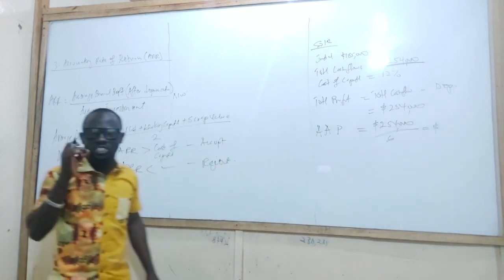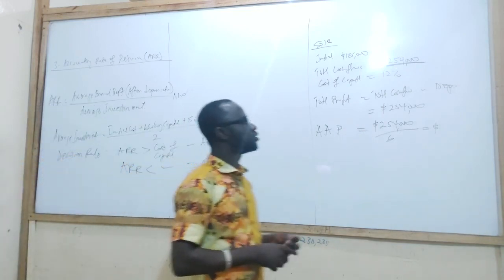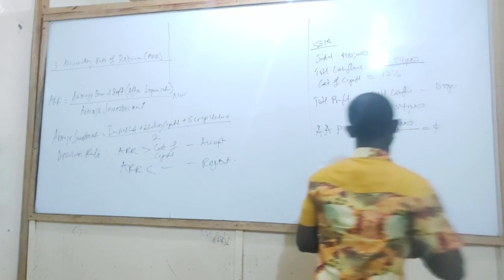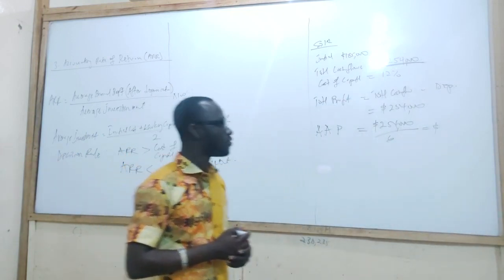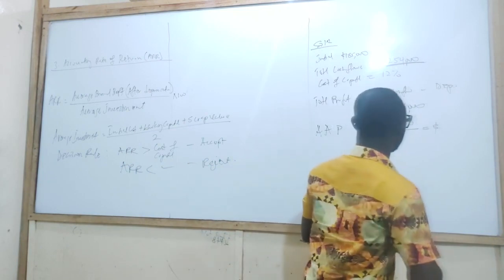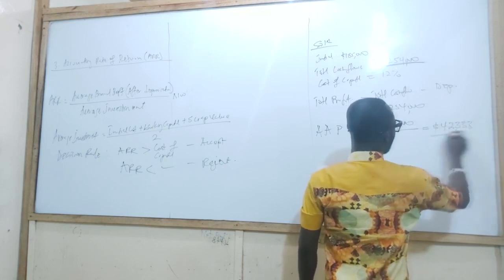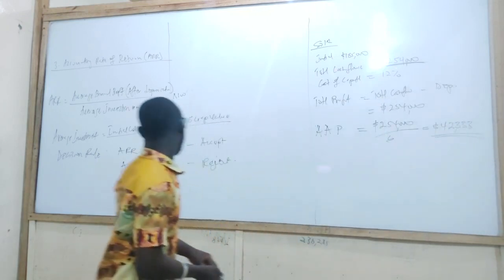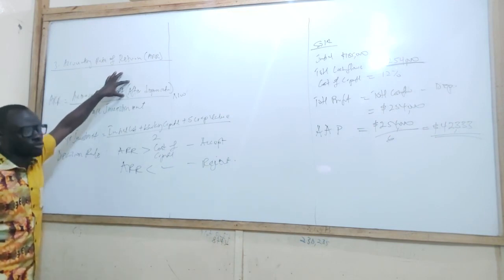That is the average annual profit, 42,333.3. So that is the numerator, the average annual profit from this question.